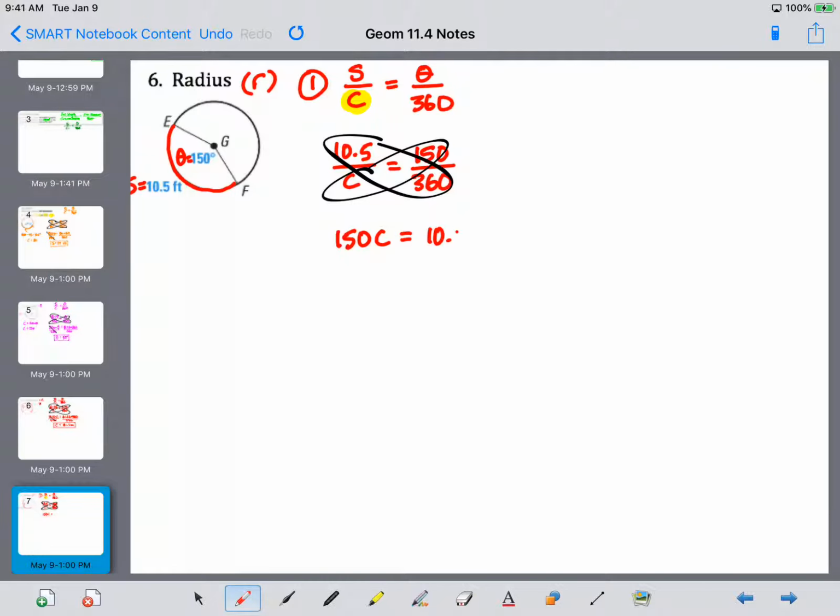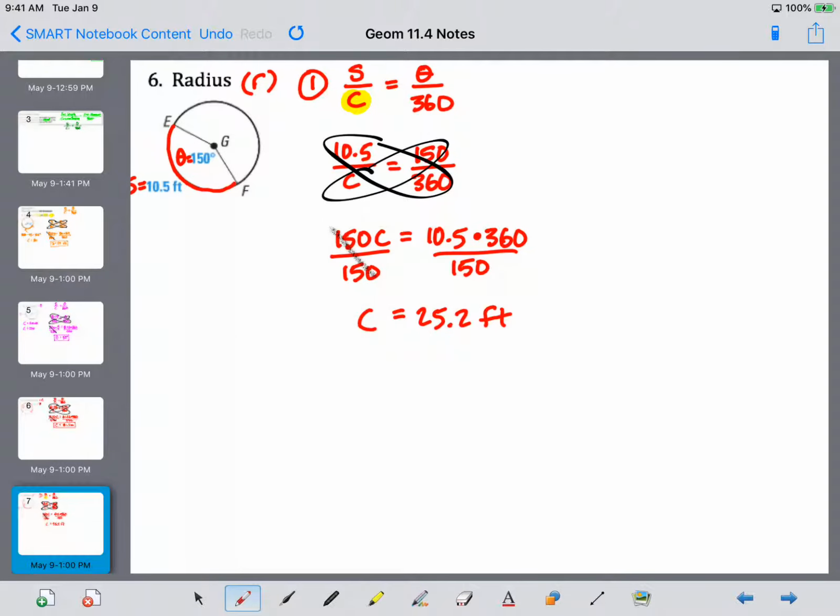But if we cross multiply, we end up with 150C equals 10.5 times 360. And let's go ahead and divide by 150 so that we get C by itself. Go ahead and plug that into a calculator to see what we get for the circumference. Should end up with 25.2 feet. All right, so that is our final answer.